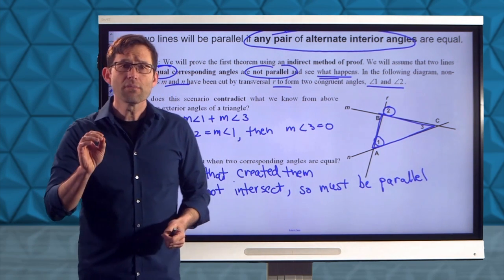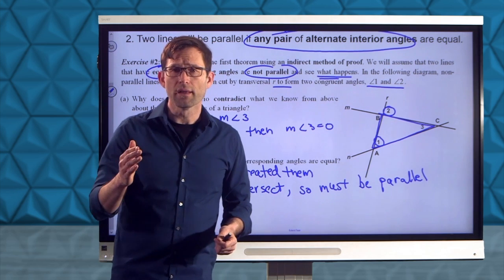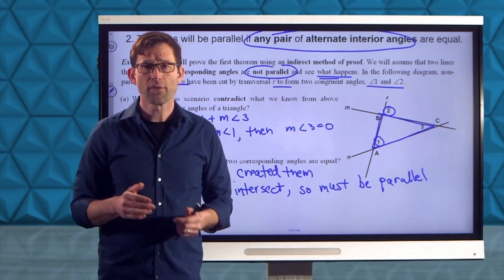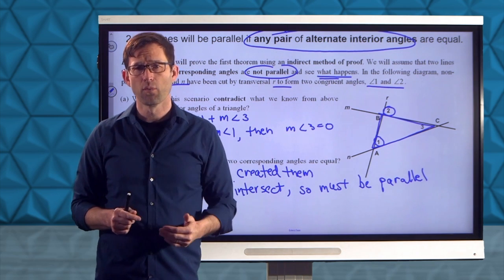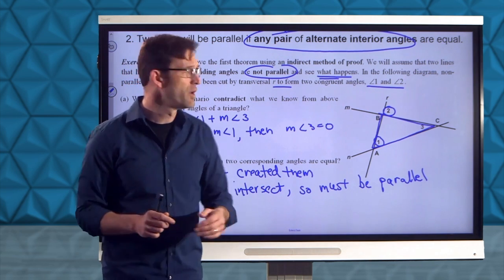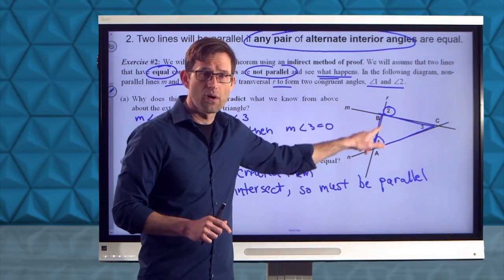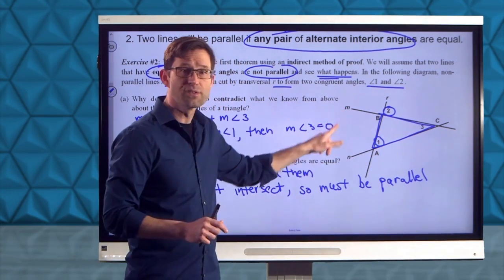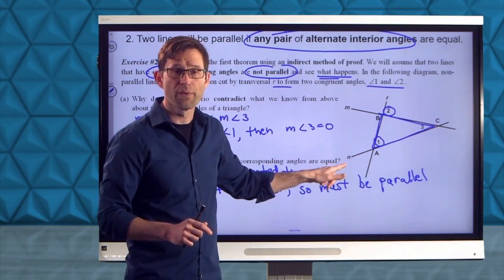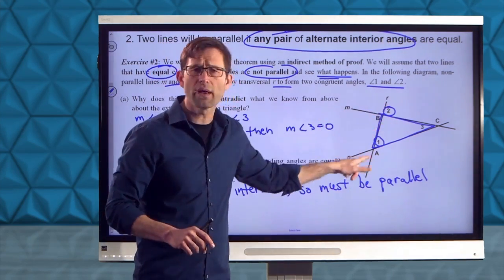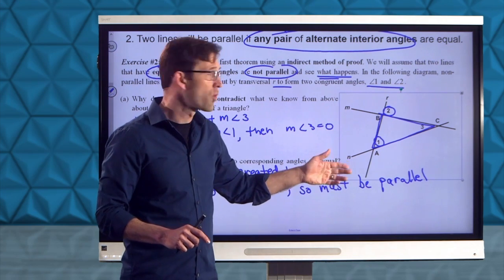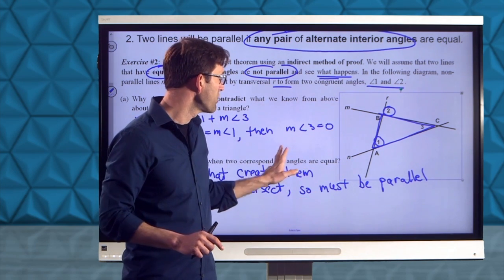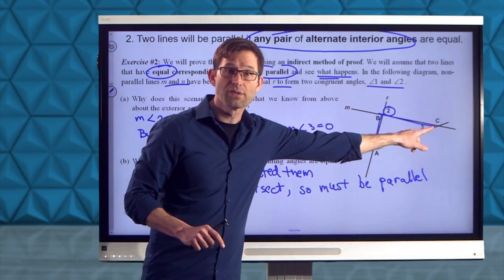Again, it uses a method of proof that really is what we call indirect. In other words, we assume the opposite of what we're trying to prove. We're trying to prove that if these two angles are equal, then these two lines must be parallel. And we say, all right, well, let's just say these two angles are equal, and these lines aren't parallel. Of course, what it means for these lines to not be parallel is that they must intersect.